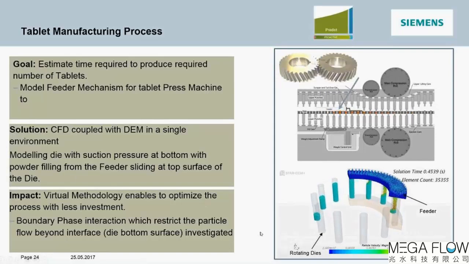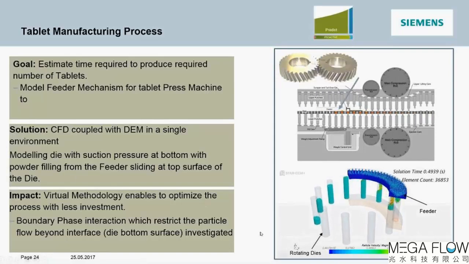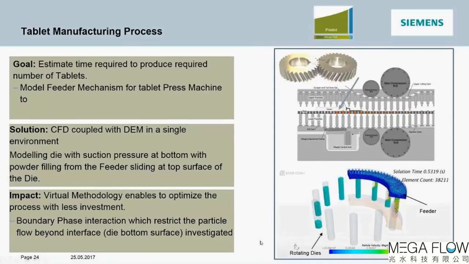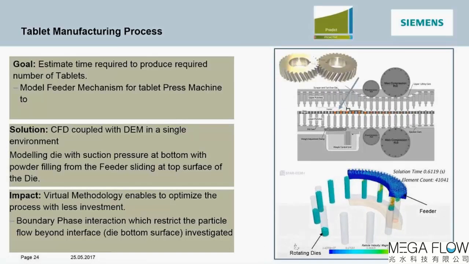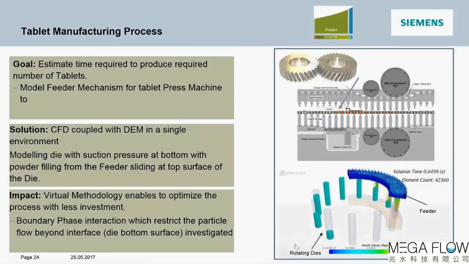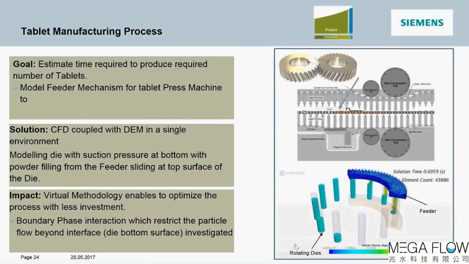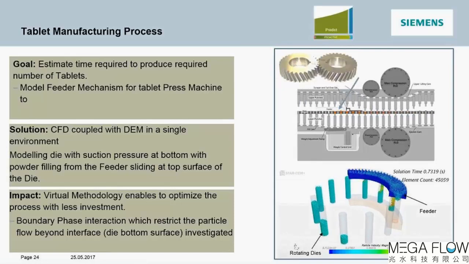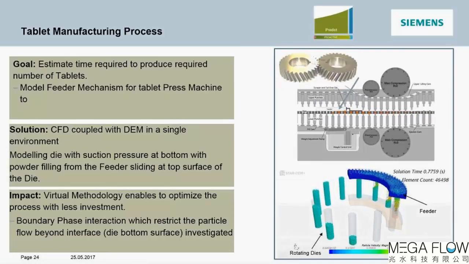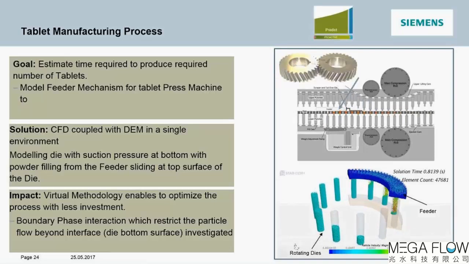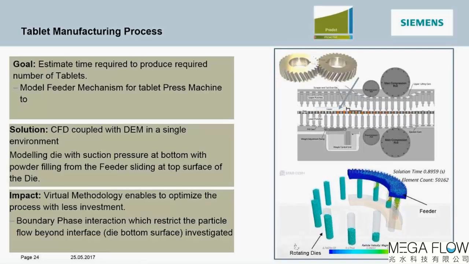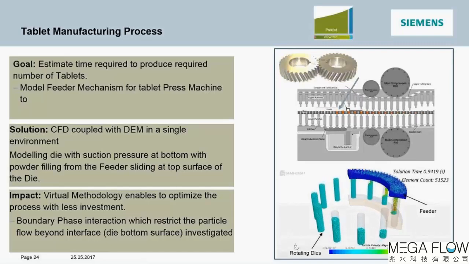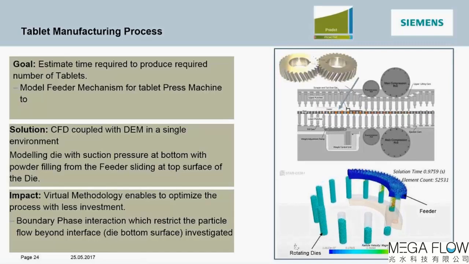And this virtual methodology then enables one to optimize the process with a much lower amount of investment. And then it also enables one to have the boundary phase interaction, which restricts the particle flow beyond the die bottom surface, which would have been otherwise not possible if one could not couple the CFD simulation with the DEM simulation in a single environment.